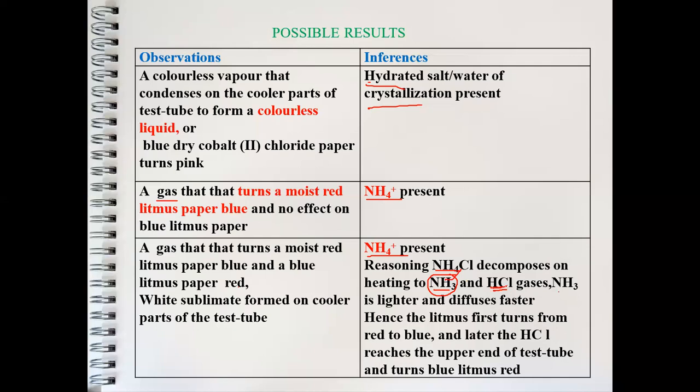So ammonia is lighter and diffuses faster, hence the litmus paper turns from red to blue. Later, the acid turns the blue litmus paper red. You should be able to know that.